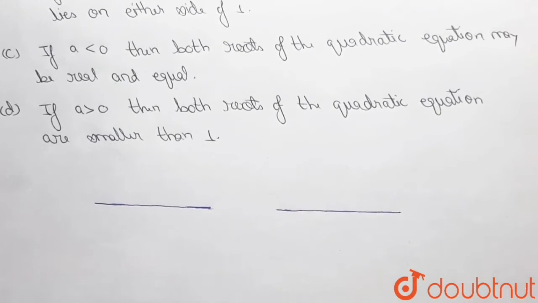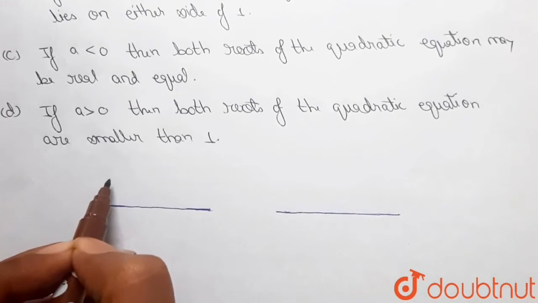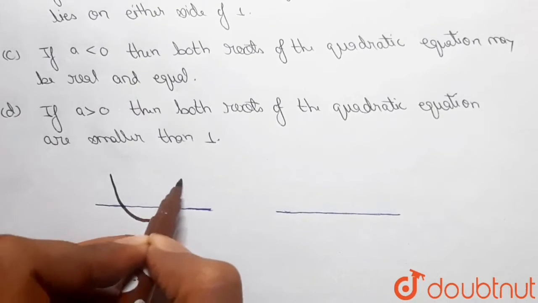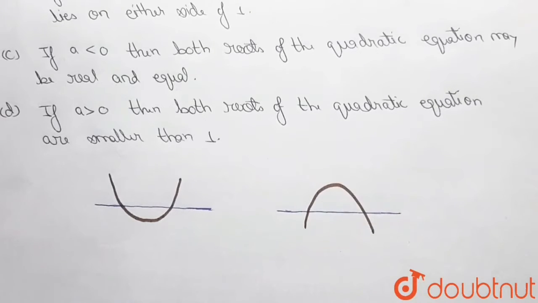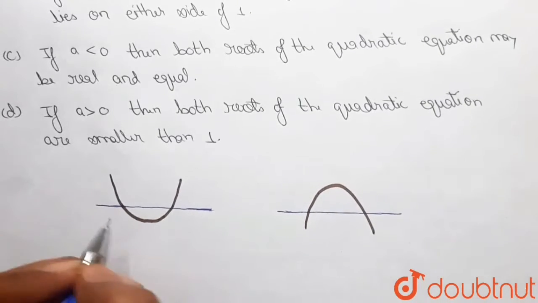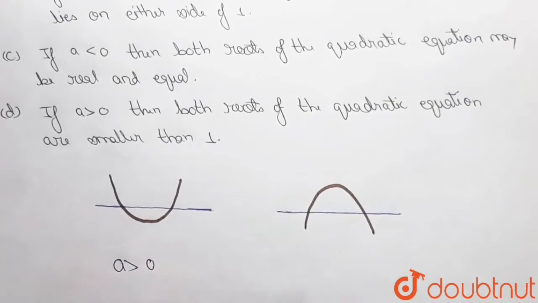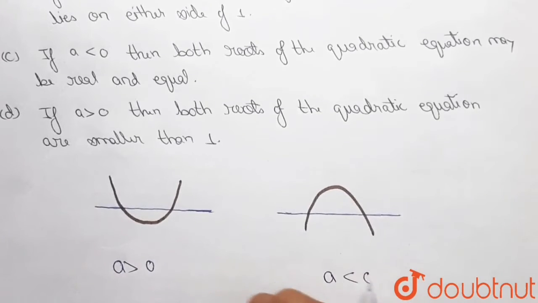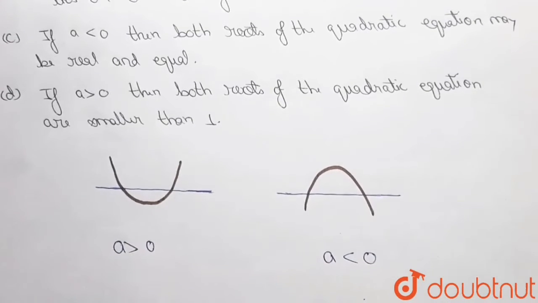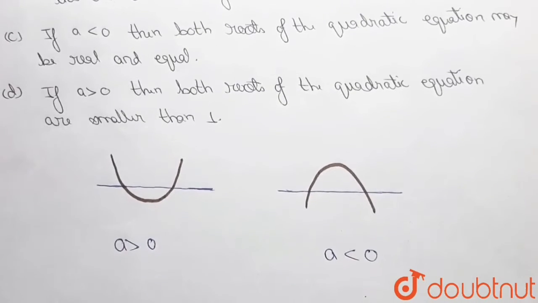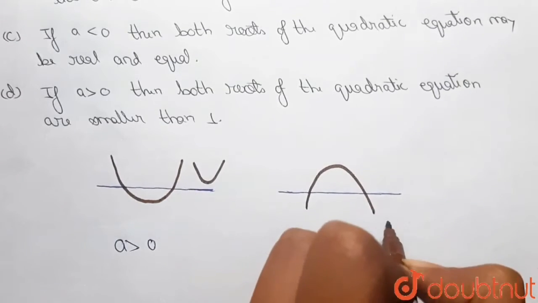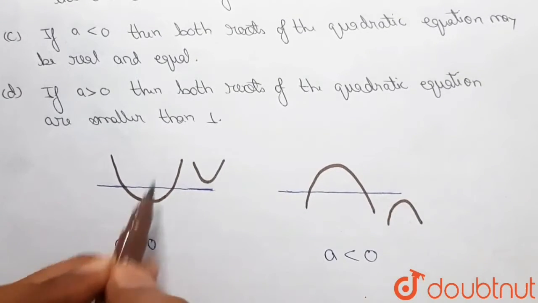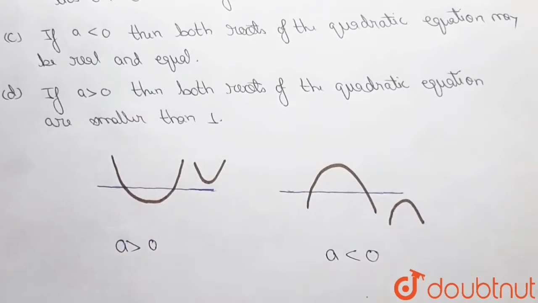So if a is positive, then your parabola will look like this, and if it's negative, then your parabola will look like this, right? So this is when a is positive, and this is when a is less than 0, right? For sure it will open upside or it will be upside down, right?